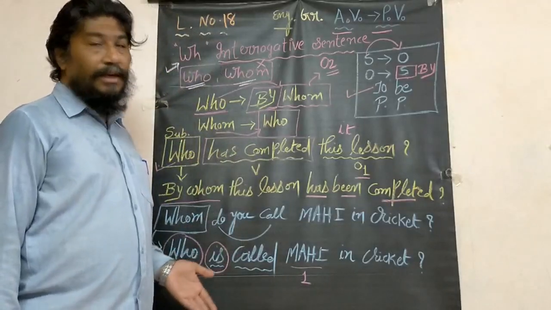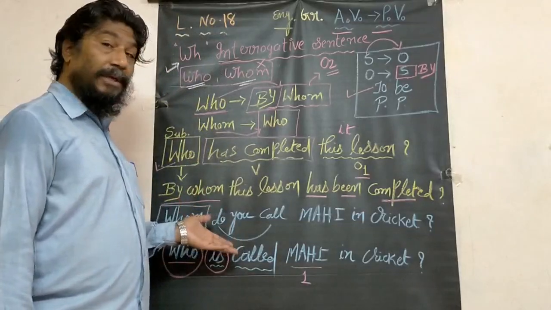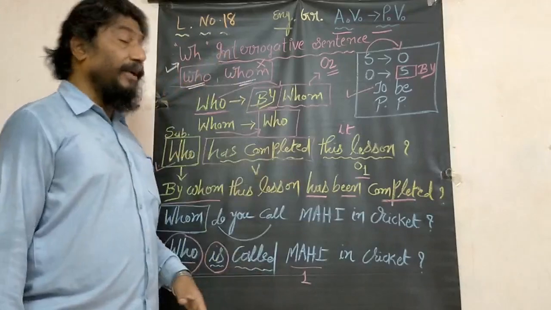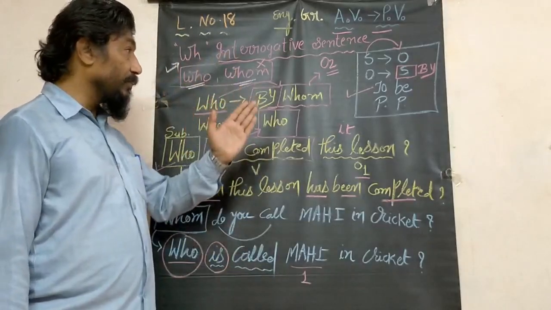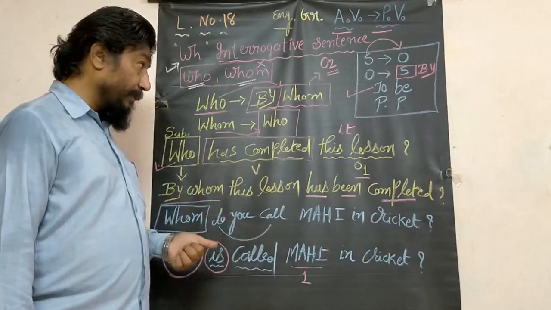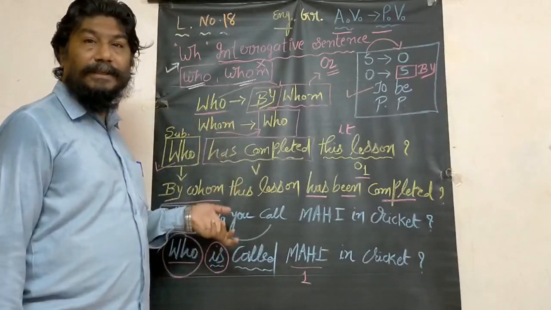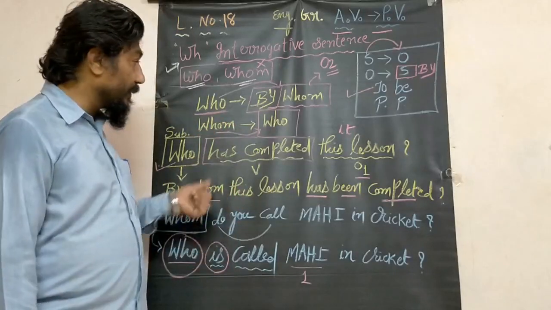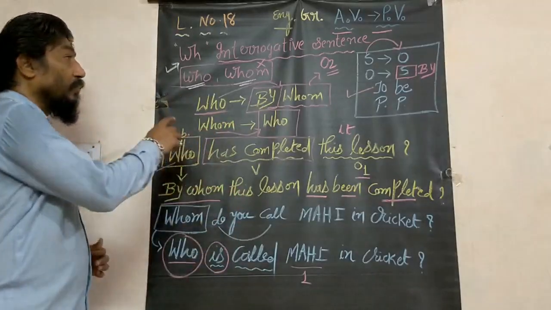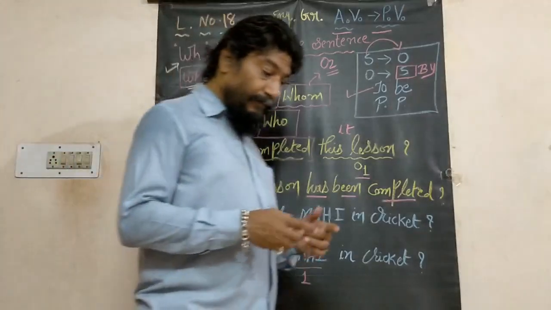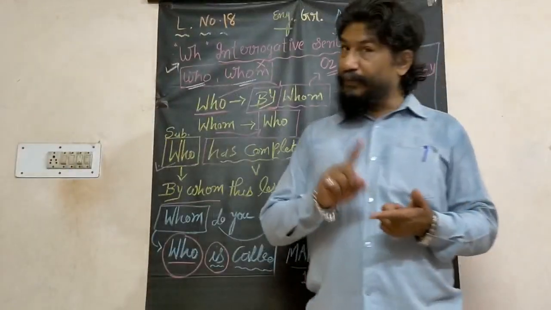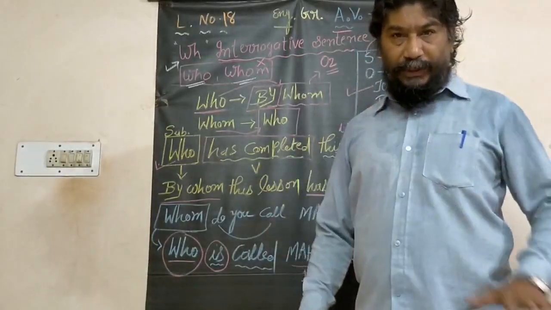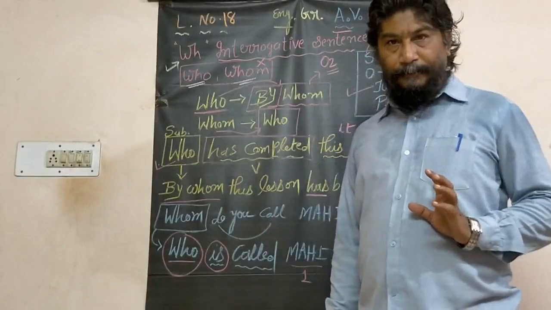This is the transformation of who and whom, especially in interrogative sentences, from active voice to passive voice. This thing you will keep in your mind, and this is the way to transfer active voice into passive voice with who and whom. Once again, I'll tell you, apart from who and whom, if any WH word is given, it will remain as it is without any change on the first place of the sentence.